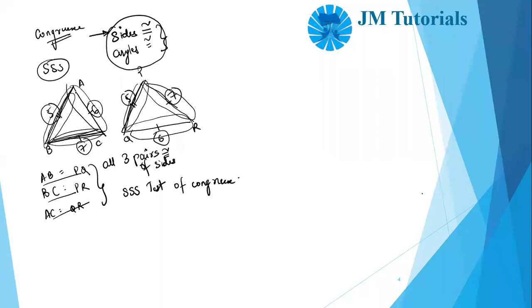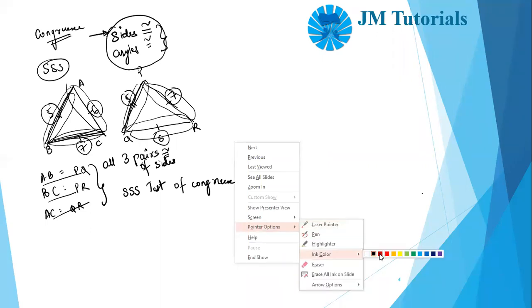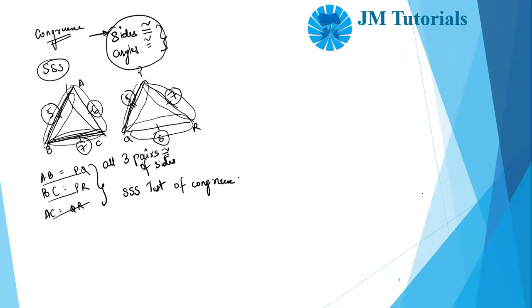Look, many people will make a mistake in writing the angles. So now I'll tell you what exactly needs to be done when you write angles. Look at this AB. This AB was equal to PQ. So the angle opposite to it is what?